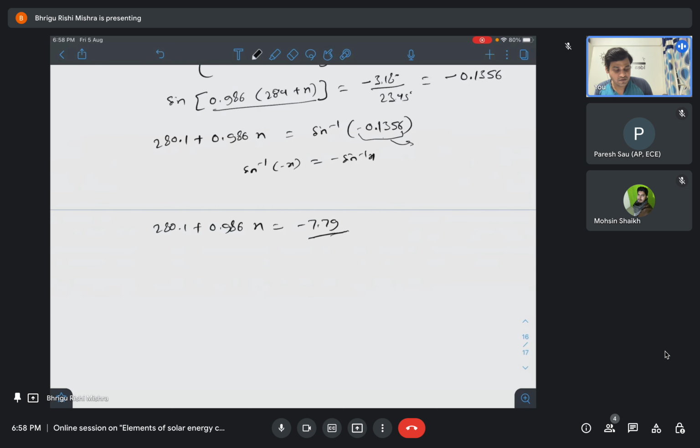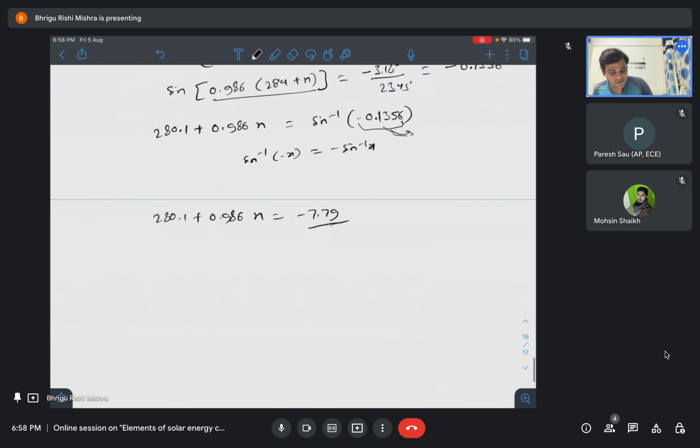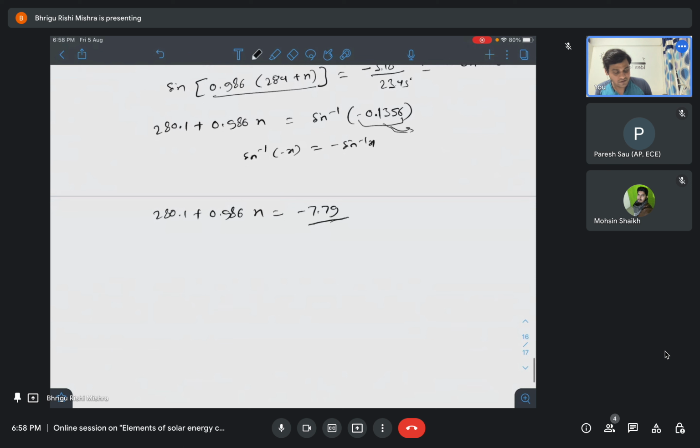Since this is theta, it can be greater than 1 or less than minus 1. Not this angle, but this entire value is theta, not the inside value.